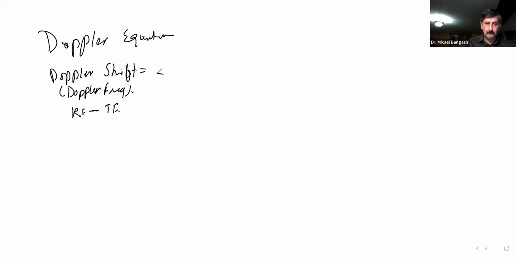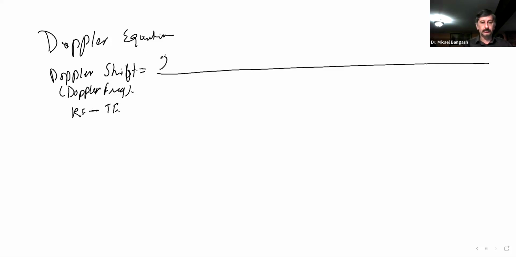So what we're going to have here is 2. Now, guys, the reason they use the value 2 here is because your Doppler shift frequency is actually calculated by using 2 frequencies.